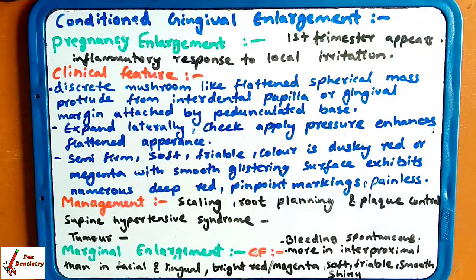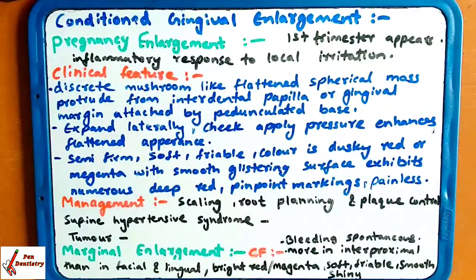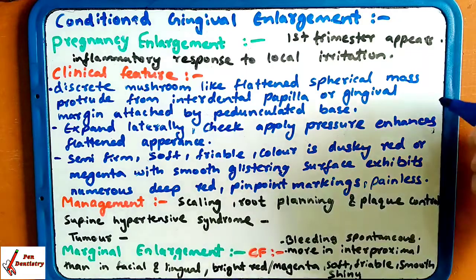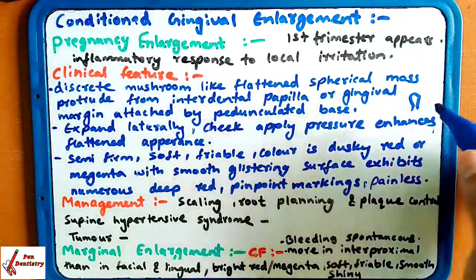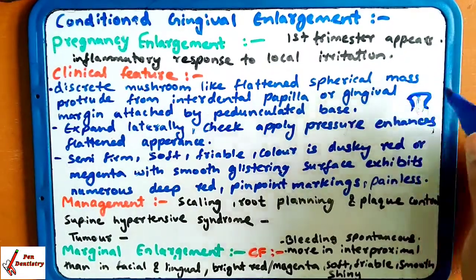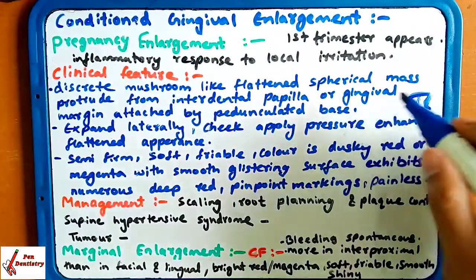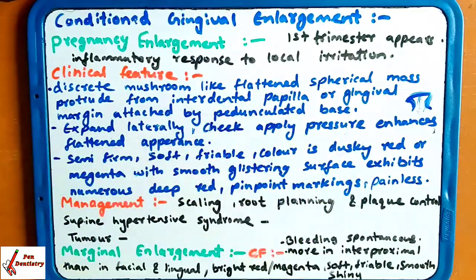Clinical features. What are the clinical features? How the tumor or the enlargement is seen here. Discrete mushroom-like flattened spherical mass. It is discrete, like a mushroom, a somewhat flattened spherical mass protruding from the interdental papilla.